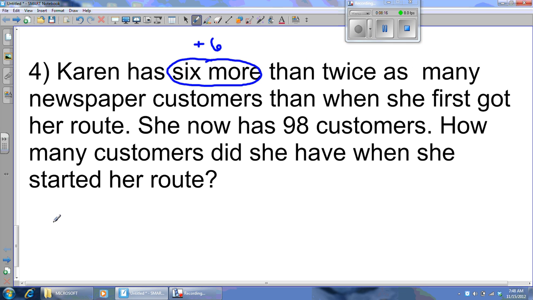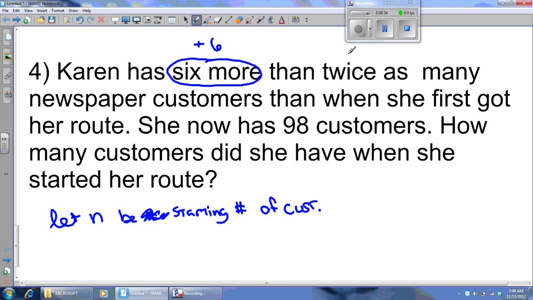I don't know. So we're going to say let n be the starting number of customers, right? I need twice as many. Okay, so that'll be 2n.